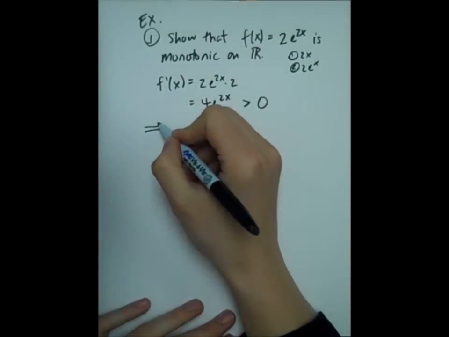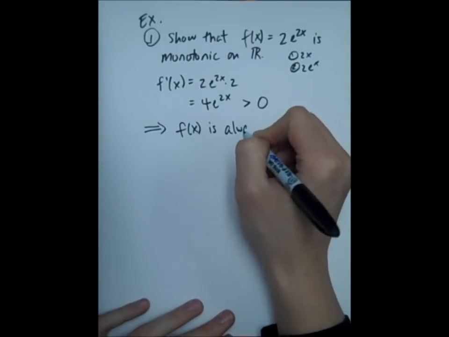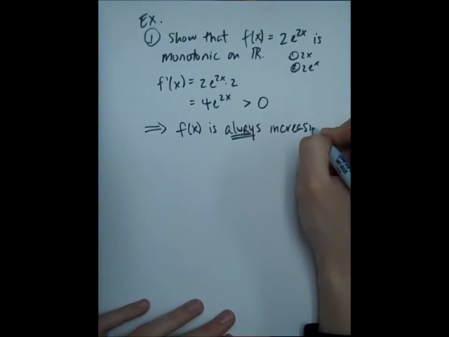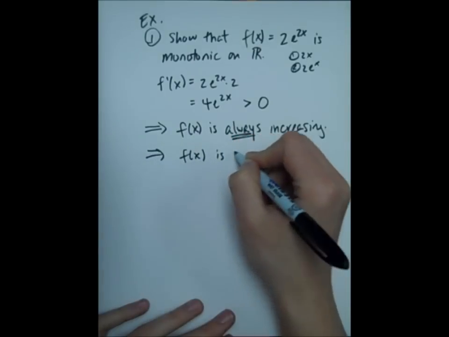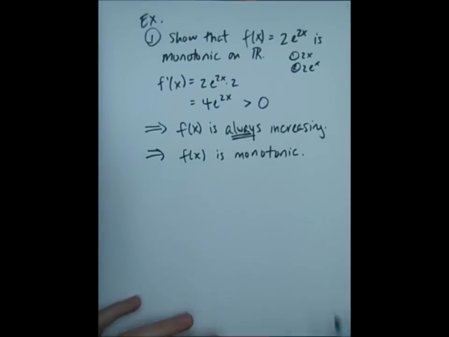This means that my original function is always increasing. Therefore, f of x is monotonic, because it's always increasing. It never decreases or anything like that.